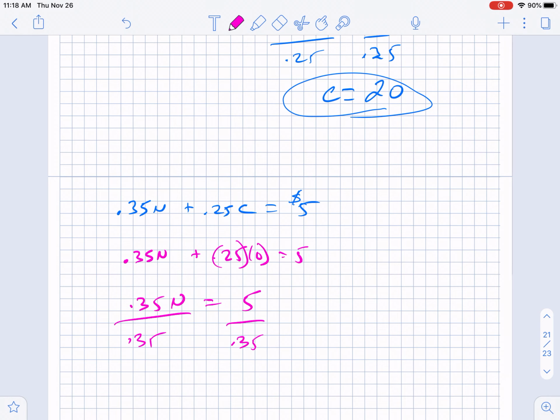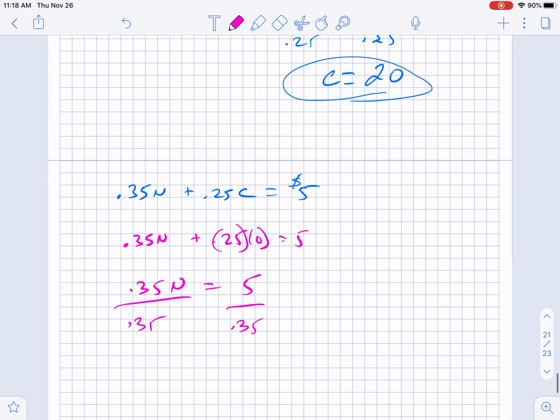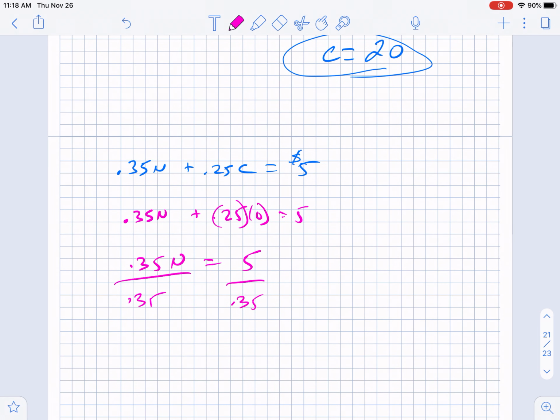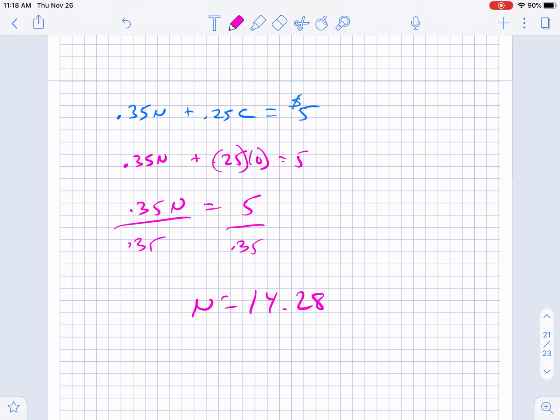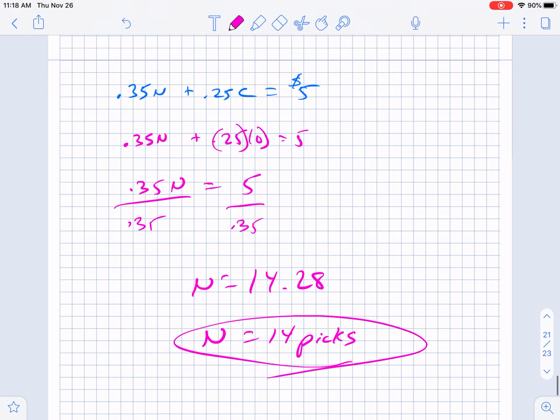And 5 divided by 0.35 equals 14.28. So I can't buy 14.28 picks, right? No one's selling me 0.28 of a pick. So I can buy 14 picks, and I'll be left over with a little bit of change. That makes sense?